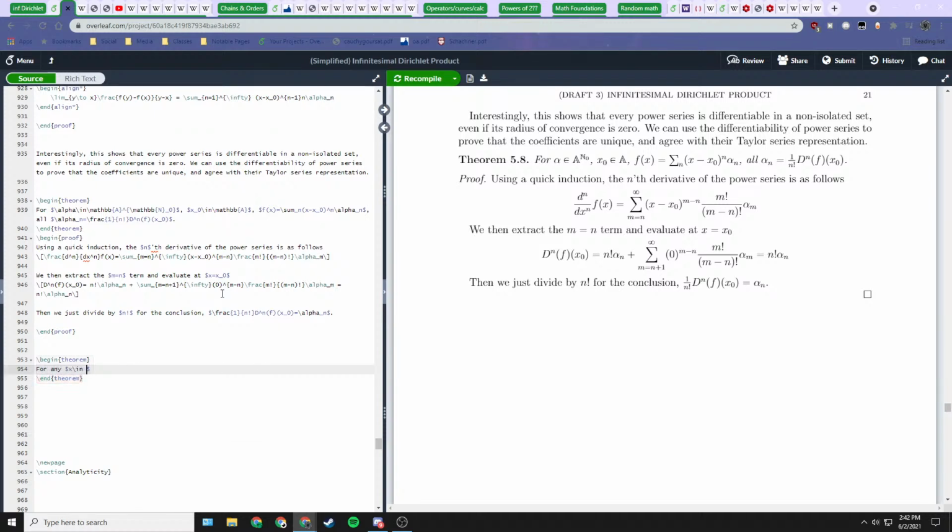For any x in A star with the first projection of x minus 1 less than 1, and I think it's 1 minus x to the power of n.